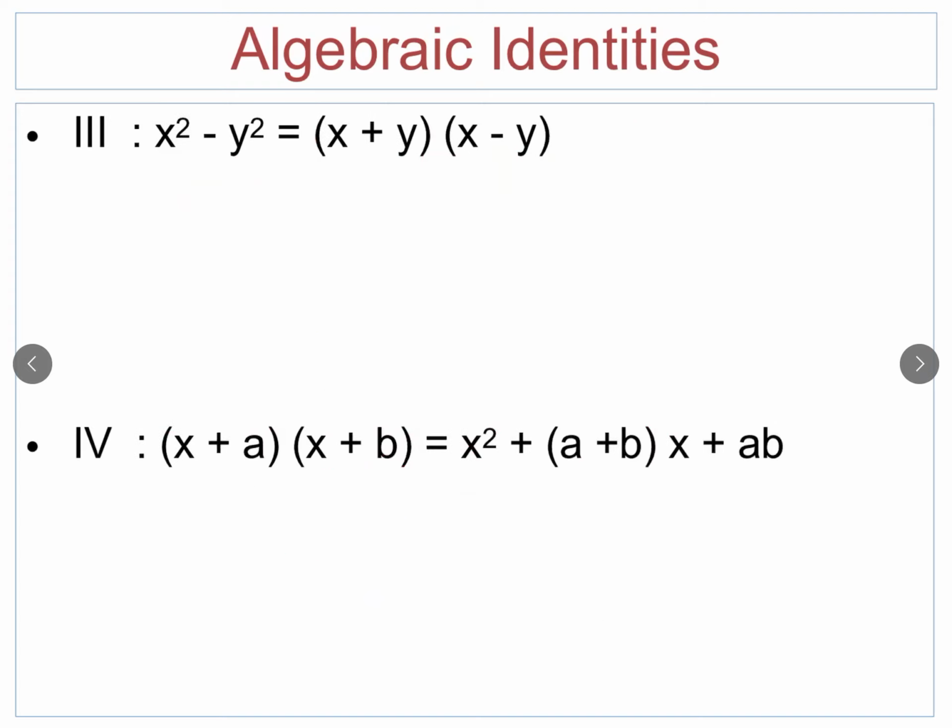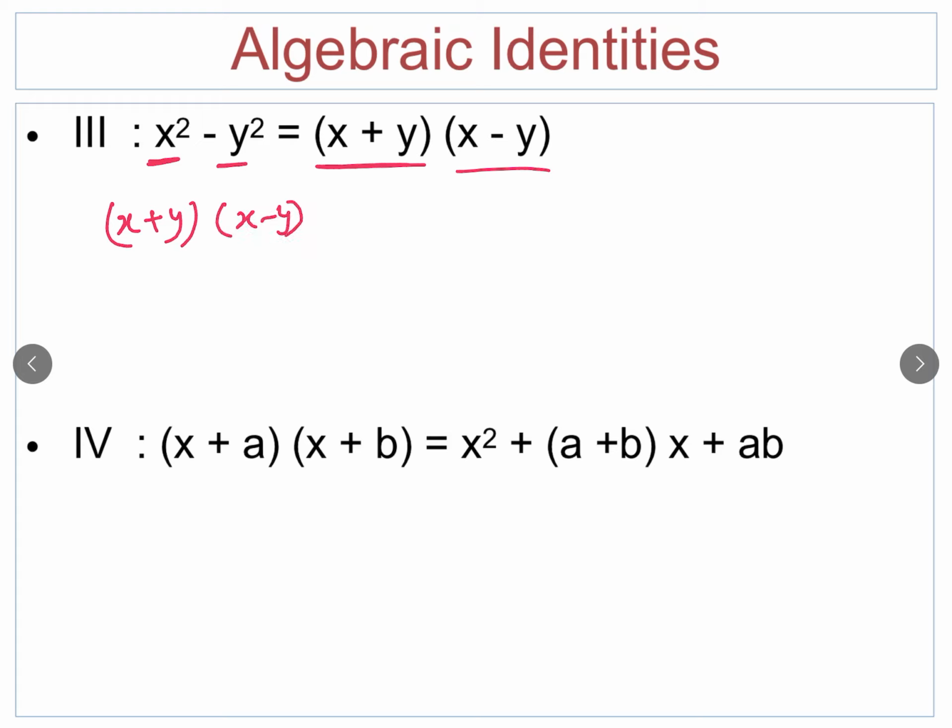Moving to the next one, we have x square minus y square is equal to (x plus y) into (x minus y). Whenever you have the squares of two variables in subtraction, we can write them as: first add the two variables, x plus y, then subtract the variables, x minus y. We can prove this by first writing the right hand side term, which is (x plus y) into (x minus y).